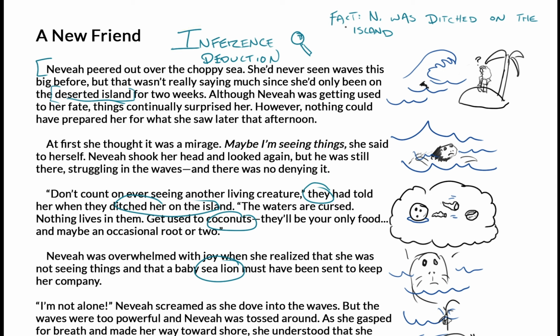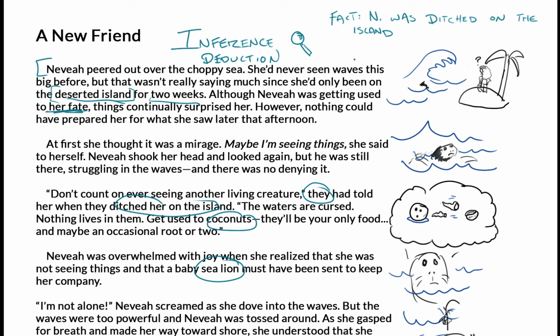We know that some people left her there because they're mean. But how did they put her there? Did they drive? Did they use a car or a truck? That seems unlikely because there's no way off the island, right? She's been there for 2 weeks. She's getting used to her fate, her destiny.